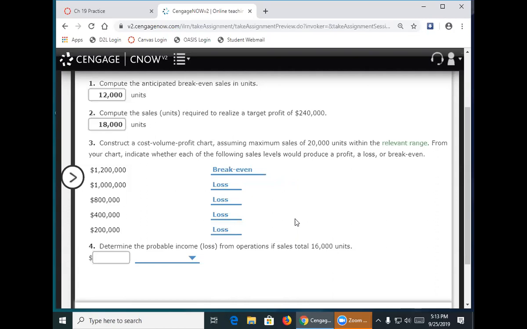income. To calculate what our income actually is, we need to take our sales, 16,000 units times $100. So the sales would be 1,600,000. I'll write this one down.